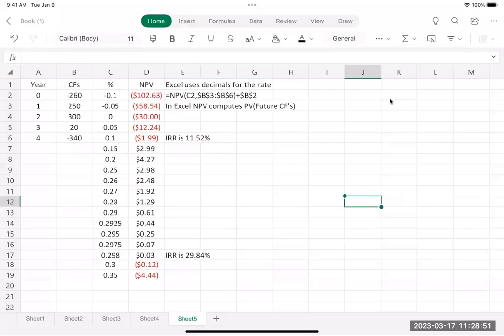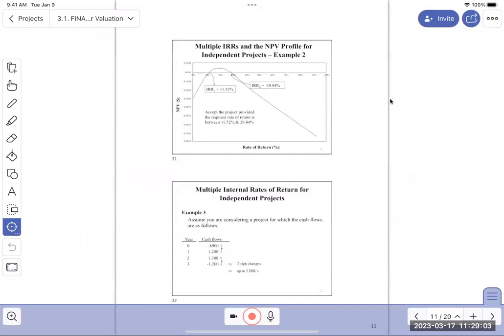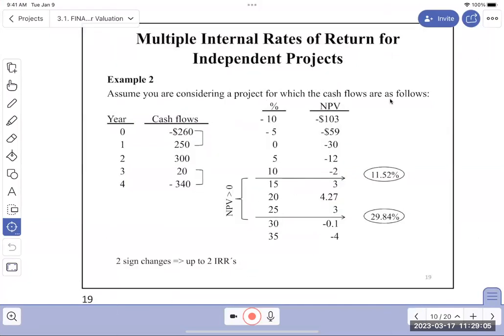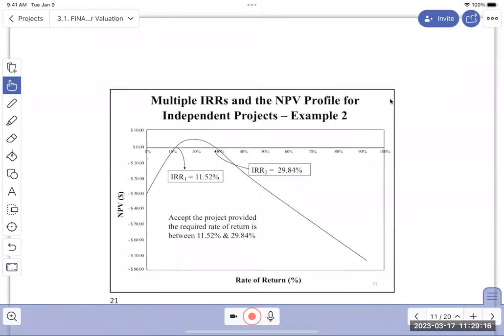So that's how we find the IRRs. We found two, and now the interpretation. Here is the drawing. It's going to come up from the negatives and go back down to the negatives. So it looks like this if you were to draw it. And since the NPV is positive here, you don't have to draw it to make a decision.